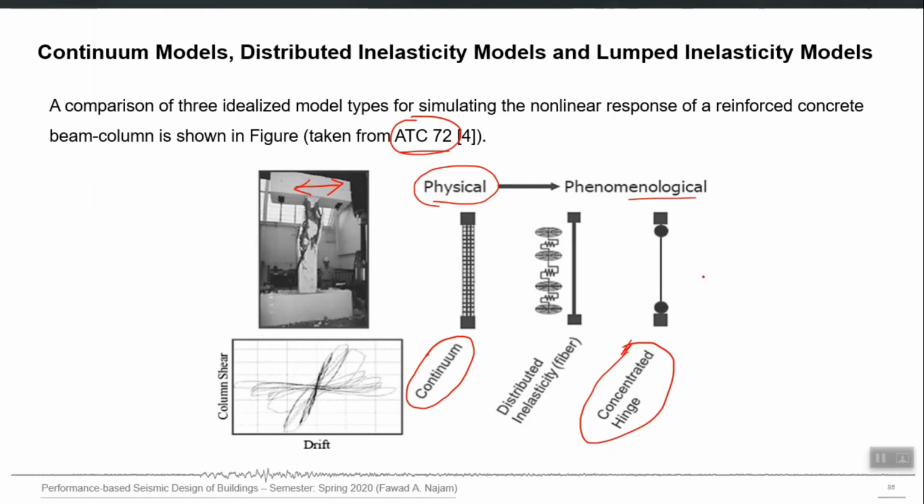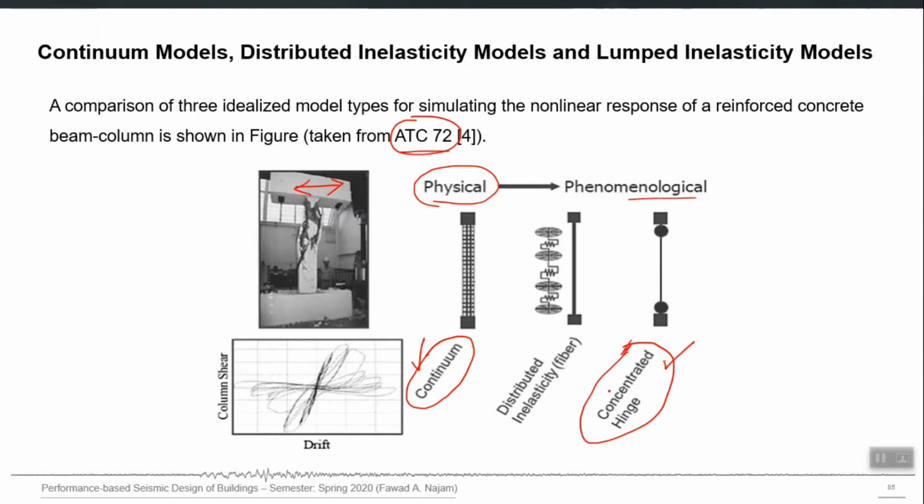Obviously this kind of a model will not be computationally very expensive or very demanding, but on the left hand side you have continuum model which can be very computationally demanding, and sometimes continuum model may not be developed for the whole RC structure. It may be developed only for one element, right?